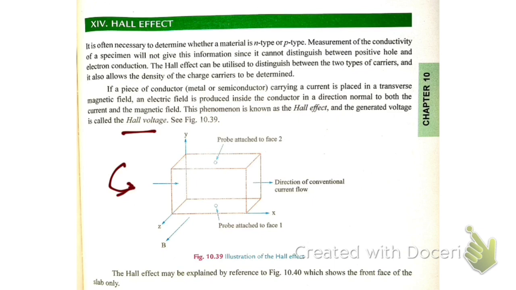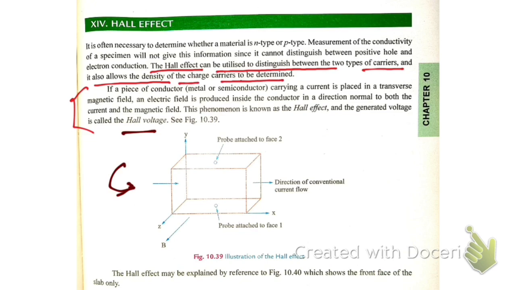We can write from here. When you have to write what is Hall effect, write this part, and for the information that can be drawn from Hall effect, you can write: the Hall effect can be utilized to distinguish between the two types of carriers, and also allows the density of charge carriers to be determined.